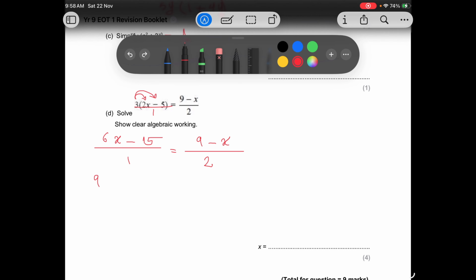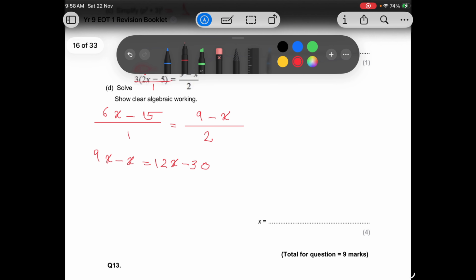It will be 9x minus x equals 12x minus 30. Then what I will do, I will collect all x's to one side. So it will be 9x minus 12x equals minus 30. Okay.